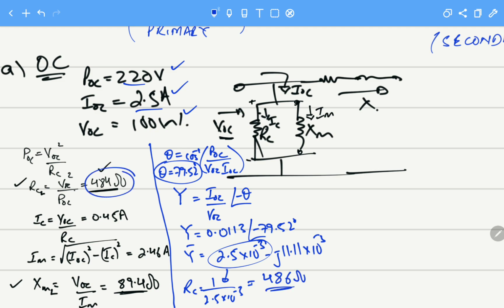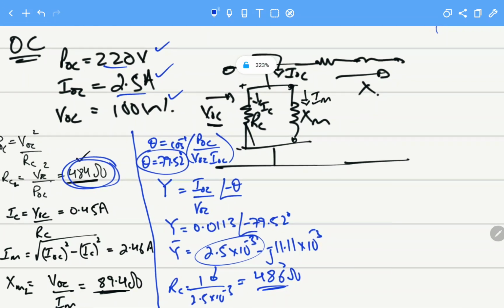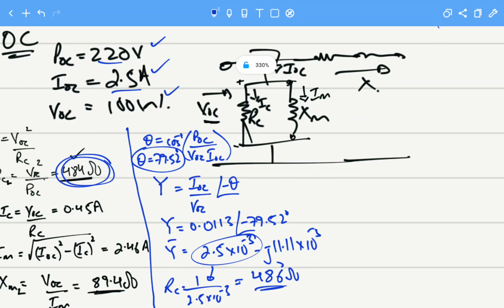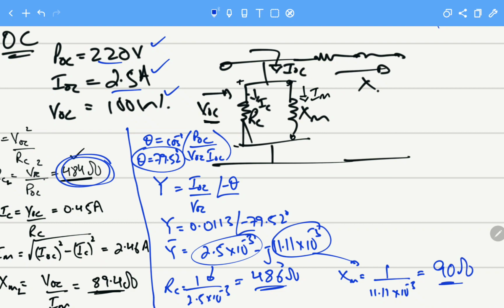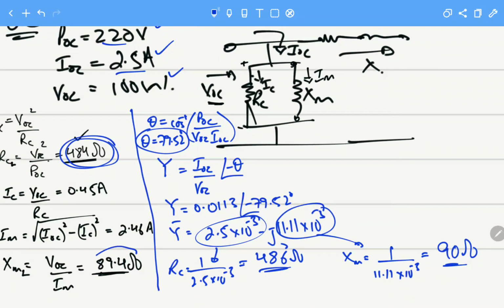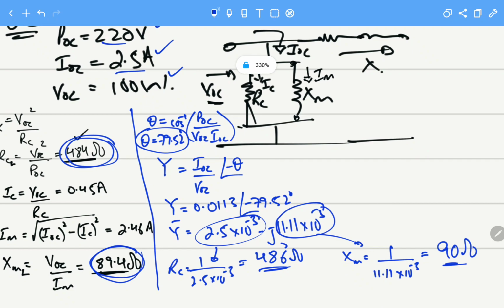That is almost the same. This is because of rounding error. And for the next value, for XM, 1 over 11.11 into 10 raised to power minus 3, and XM becomes 90 ohms. That is also equivalent to 89.4 ohms or 90 ohms.